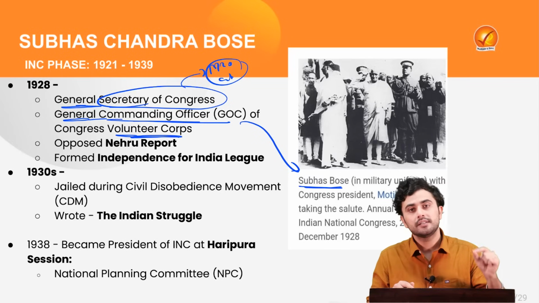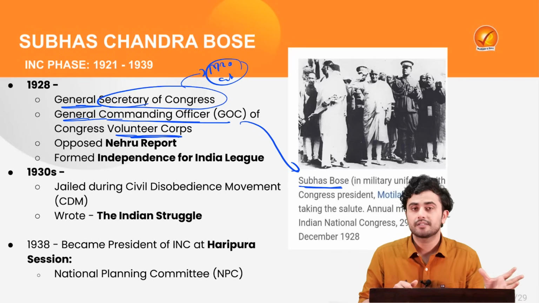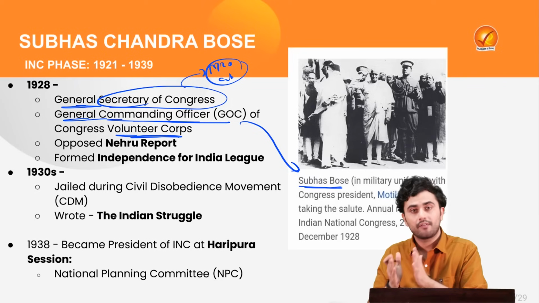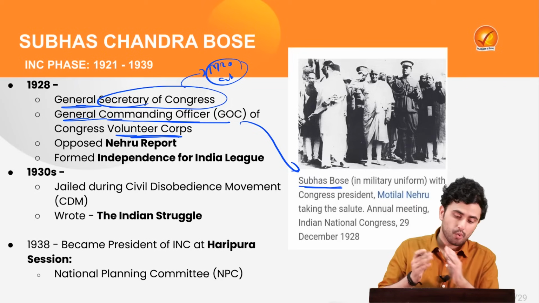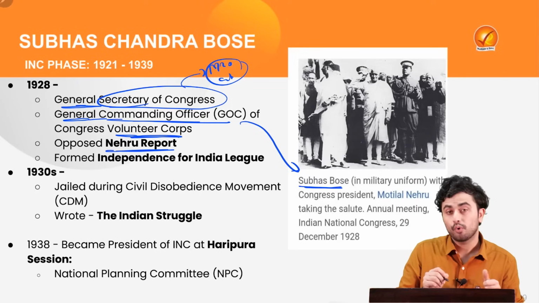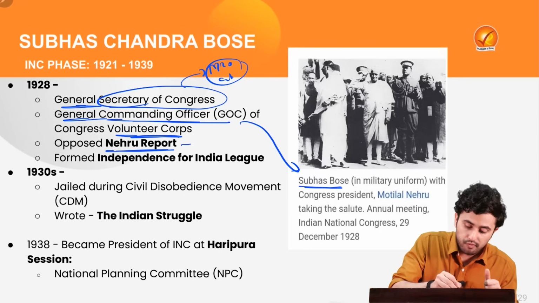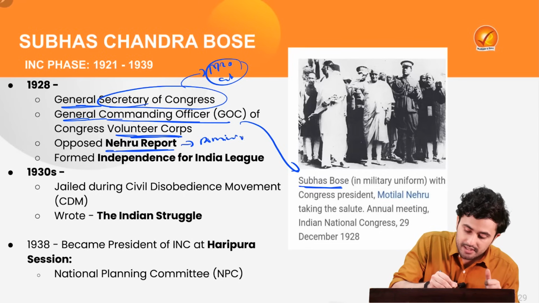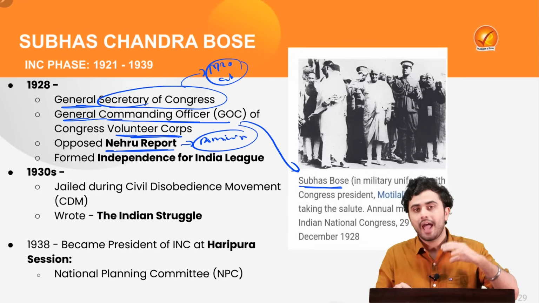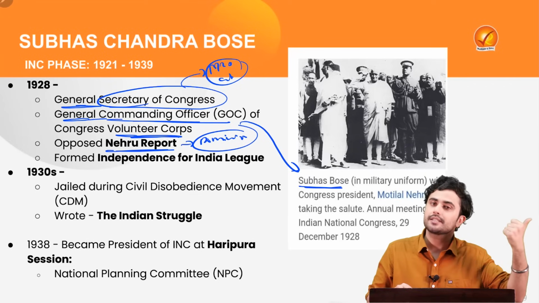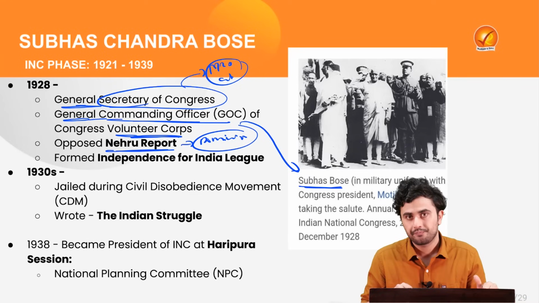Also remember that in 1928 itself, Subhash Chandra Bose and Jawaharlal Nehru both opposed the Motilal Nehru report, which demanded dominion status for our country, like colonies such as Canada and Australia.